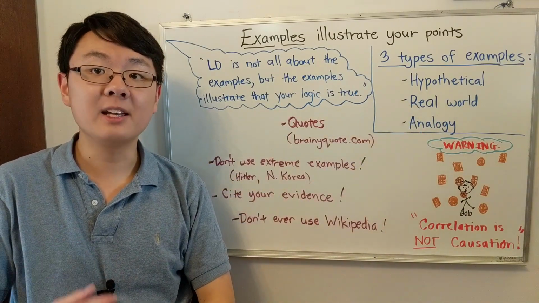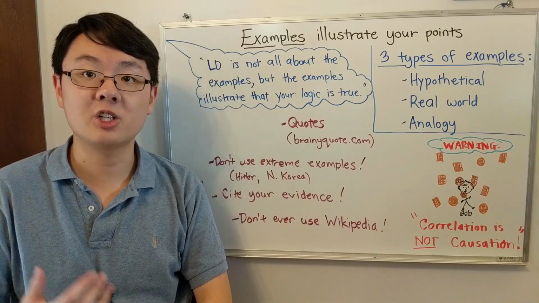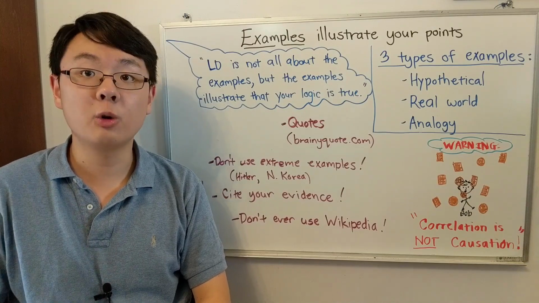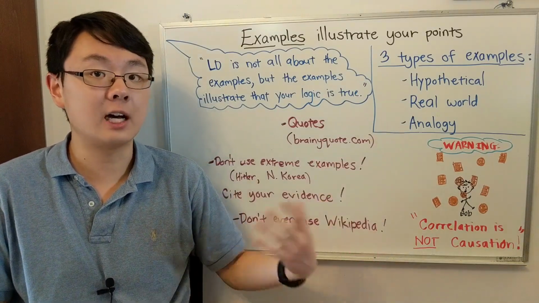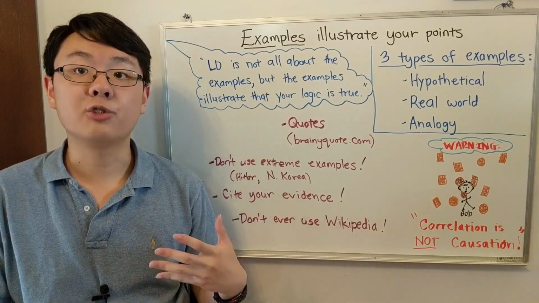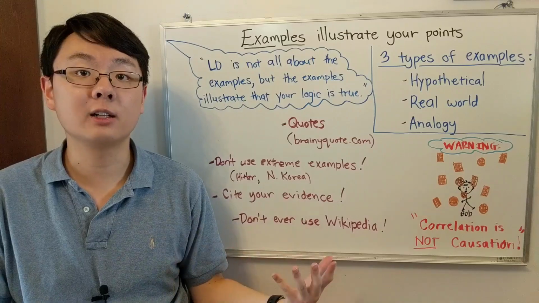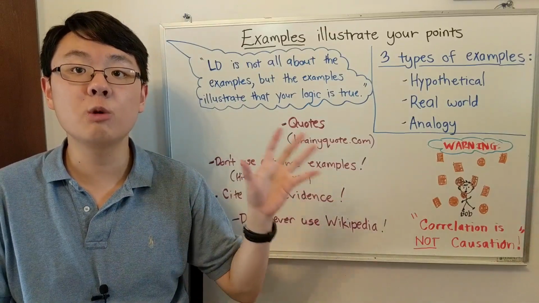Now of course, since LD is a logical and philosophical debate, your argument should be backed up with logic, not just examples. In fact, some LDers don't even use examples. They use pure logic, which is perfectly fine. But I find that it's better to supplement your case and your ideas with examples to show that your logic is true. Even though LD concepts are philosophical, they do affect the real world.